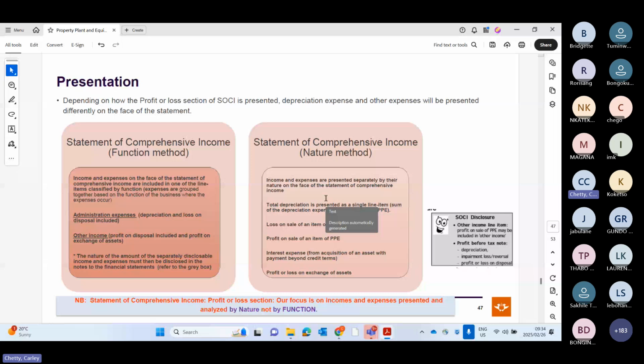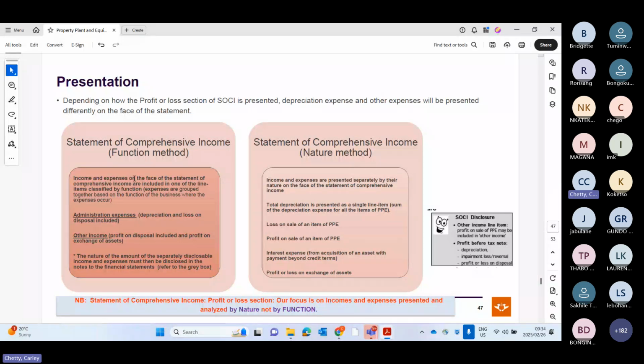We will show the profit on sale of PPE, and then we'll show interest expense. So our focus is on income and expenses presented and analyzed by nature and not by function. But if you are one day asked what the function method is, then you will say it's when the income and expenses are grouped according to their function. Okay, so that is presentation.